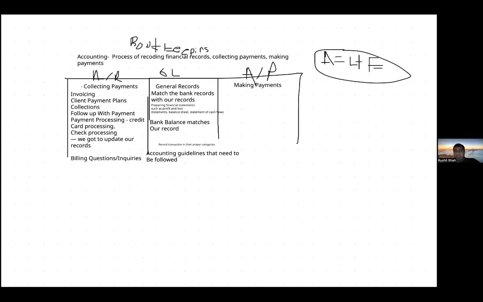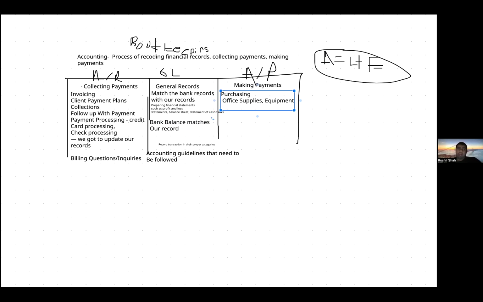For making payments, we have purchasing, like office supplies or equipment, and sometimes, depending on the company, you need approval.